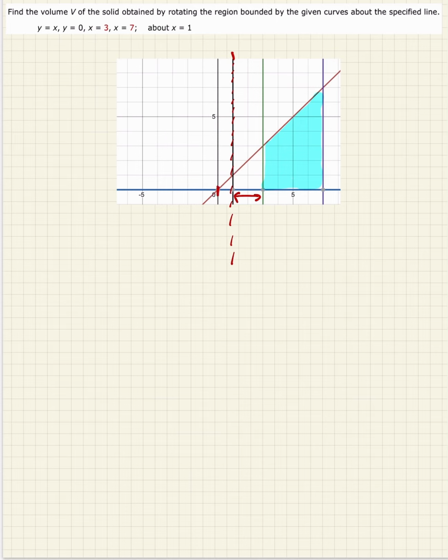So if I count 2 units over and then draw a vertical line that is 3 units tall, there's the matching edge of that region, and then go over another 4 units, I would get the other edge, which would go up to the point 7, 7. And then it has this top. And so our matching region, after we rotated about that line, would be here.